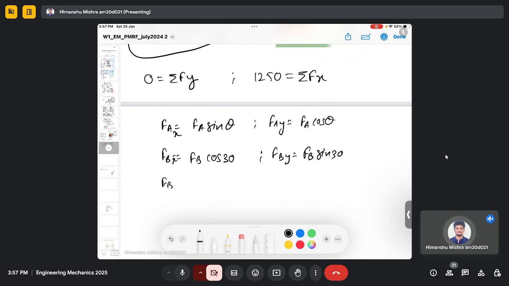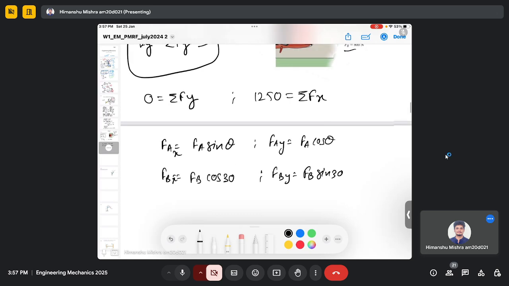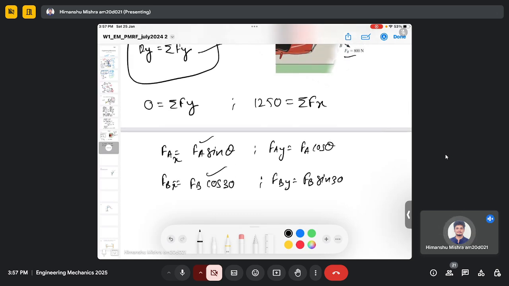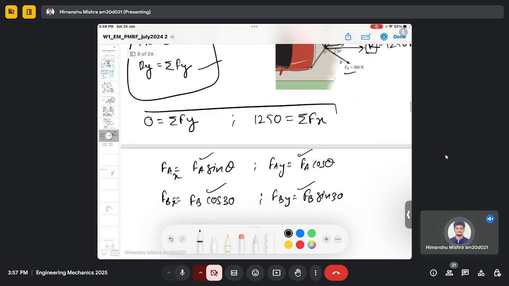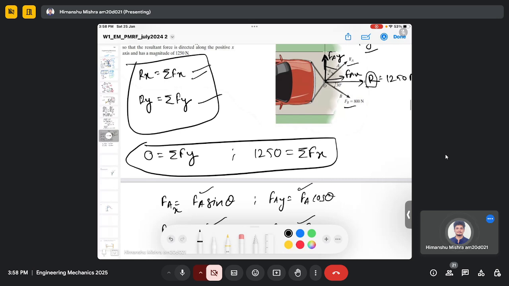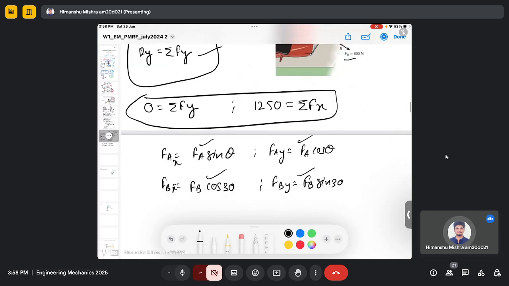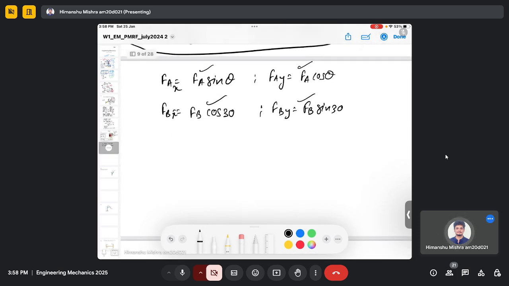So now having defined all the components of force Fa and Fb, we can use this equation which comes from the resultant equation, that is equal to the summation of forces in their own direction.